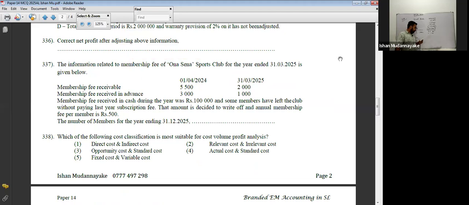The information related to members' fee of Onasena Sports Club for the end of 31st March 2025 is given below.